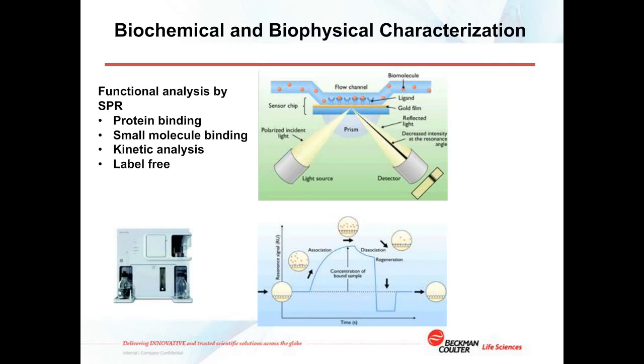What one is typically examining is a change from a base level response on the surface to a maximal level of response as a function of concentration of the analyte that's in solution. And through this method, one can determine on rates, off rates, and steady state binding profiles.